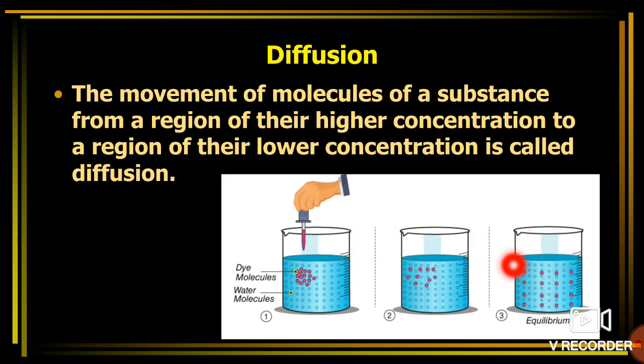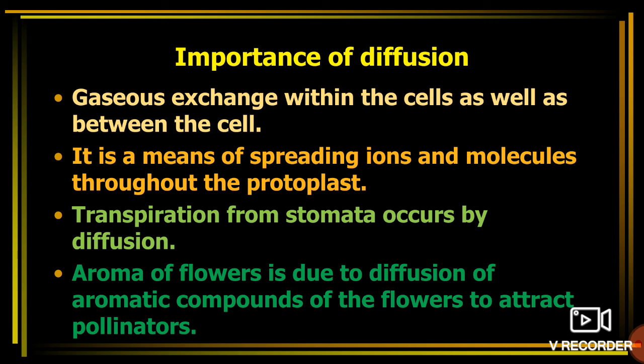By seeing this we can define that diffusion is the movement of molecules of a substance from a region of higher concentration, where density is high and the amount of dye is high, to the lower concentration, where no dye is there. Here you can see it is equally distributed because of the diffusion process. So, higher concentration to the lower concentration.